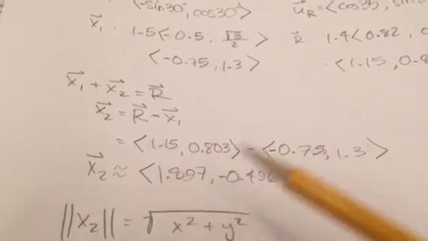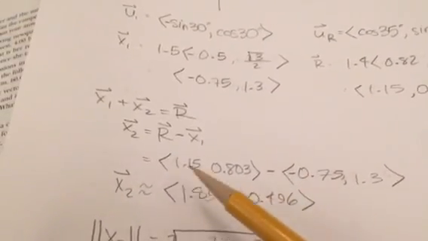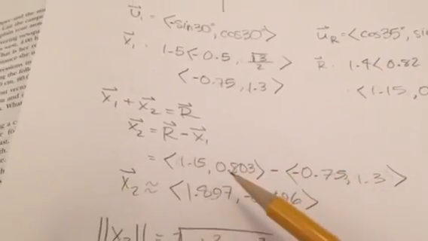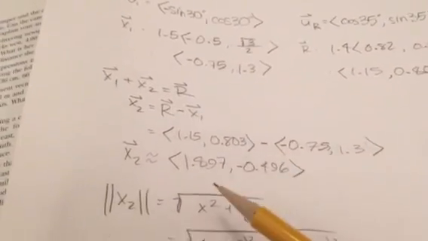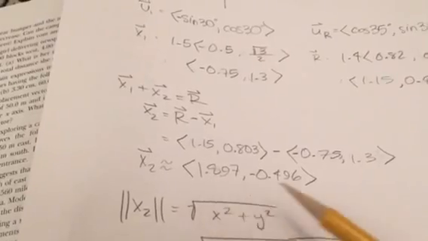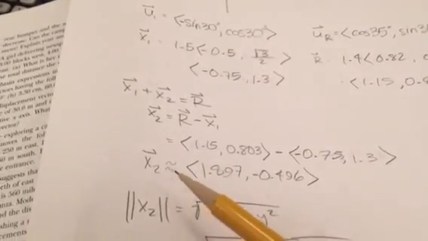We can substitute the vectors that we just solved for here, and vector subtraction is pretty much the same thing as normal subtraction, the x's are subtracted and the y's are subtracted. So if you do that, that results in this vector for the second position vector.